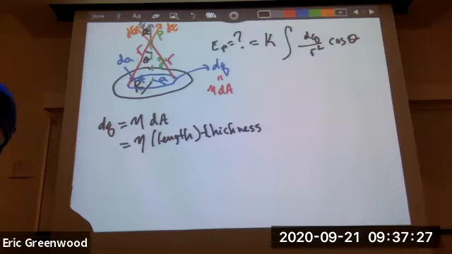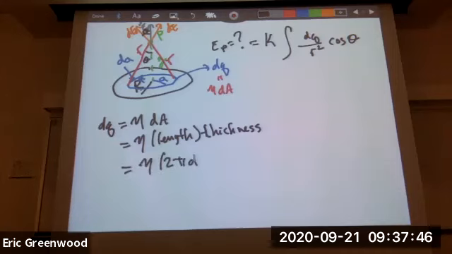If this thing has a radius of a, what's the length of it? So what's the length of a circle? 2 pi times the radius, right? So that means dA is going to be equal to eta times 2 pi a, since that's the radius of this ring, times the thickness of it, which is simply da.